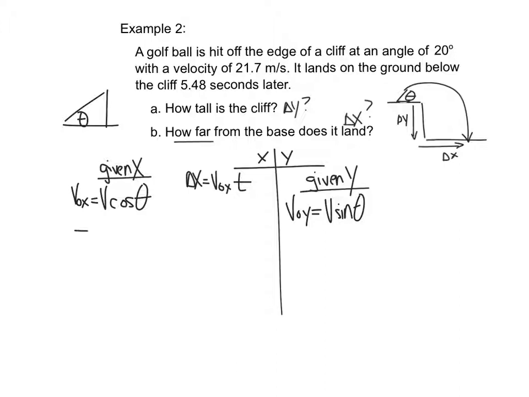So with v naught, we're going to plug this in, 21.7 times the cosine of the angle. And on the other side, of course, we're going to do 21.7 times the sine of the angle, which again is 20 degrees. Going to just write that in.